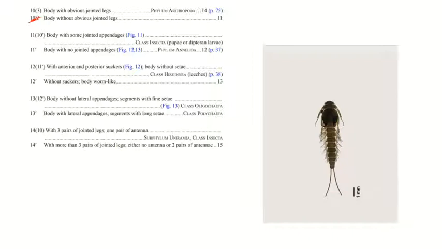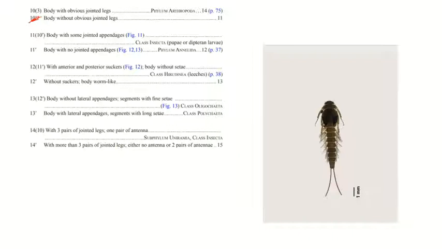In number 11, we have two leads. First one, body with some jointed appendages. Second lead, body with no jointed appendages. They might not be that obvious as number 10.